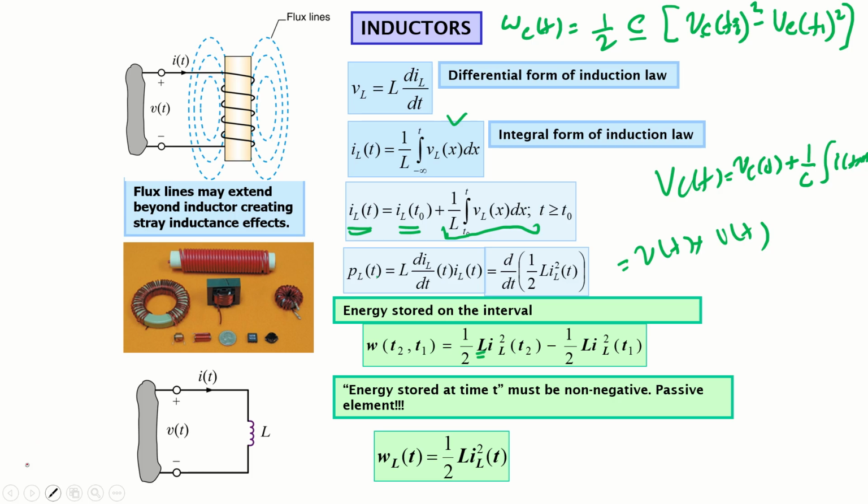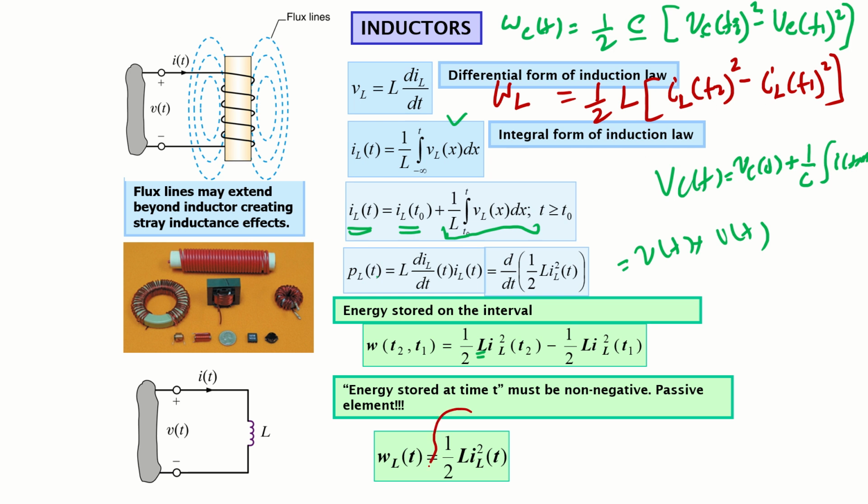So it will be very similar: half L times current at T2 squared minus current at T1 squared, and we have the energy. And if the first time interval is 0, this term will become 0, and our formula can be simplified to this form. So these are the typical formulas that are used for the analysis of the inductor.